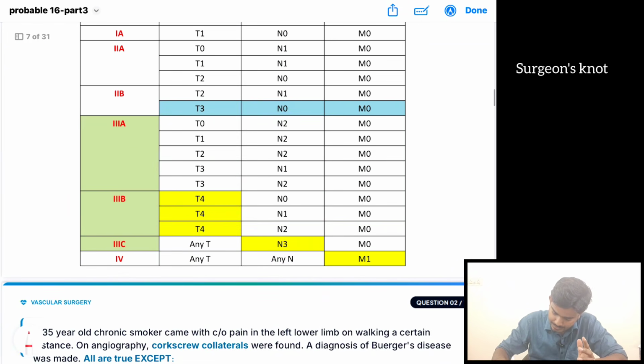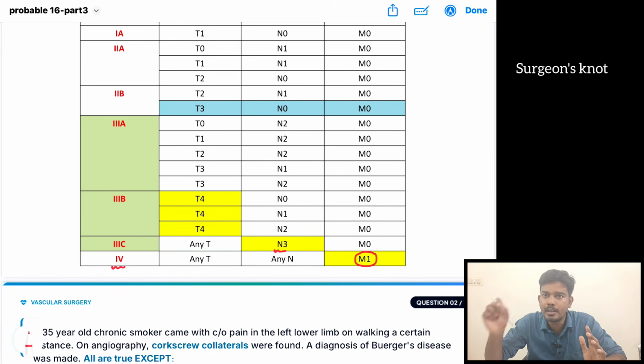Further we are going to see the staging. If there is any metastasis, it is stage 4. Here there is no metastasis, that is M0. Whatever T is, whatever N is, if M is present, metastasis is present, it is stage 4. If N3, infraclavicular, supraclavicular, or internal mammary with axillary nodes are involved, it is N3. If N3 is there, then it is 3C.